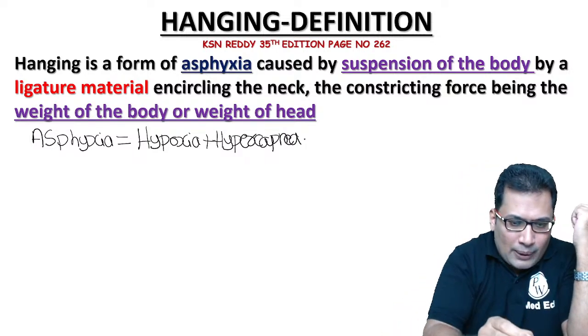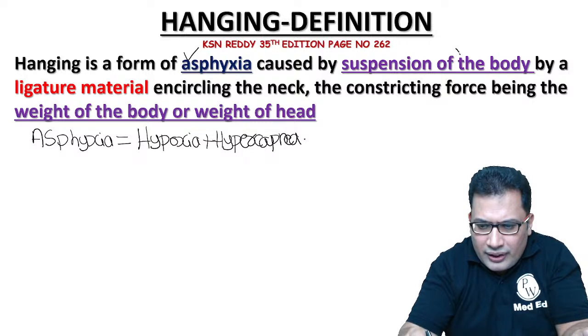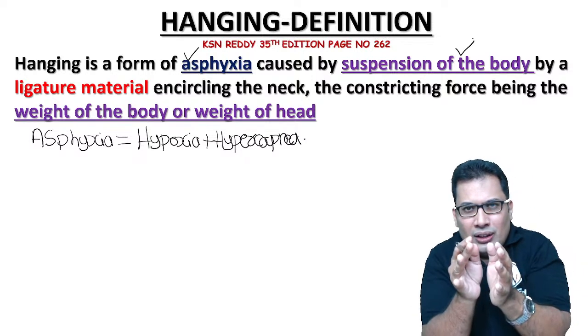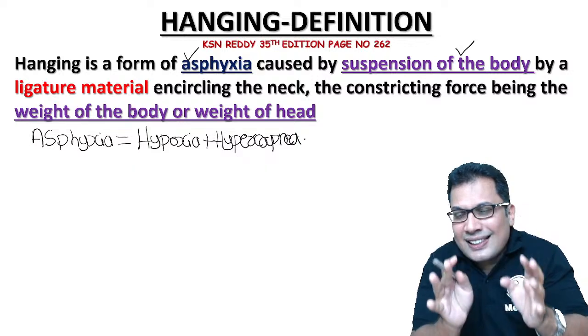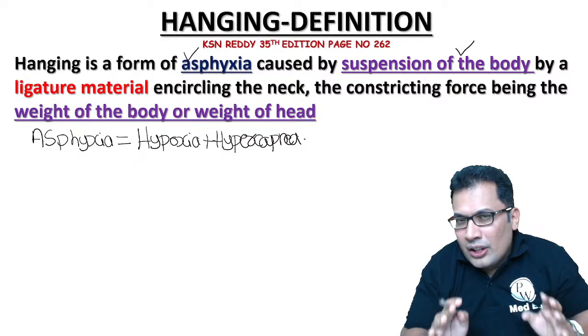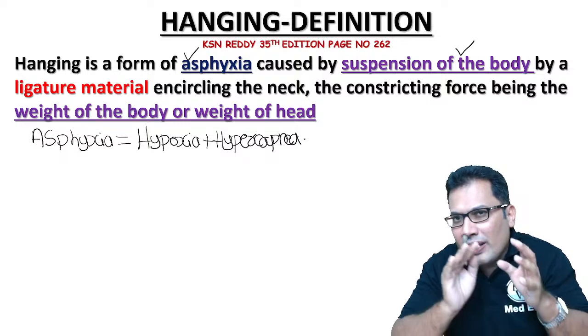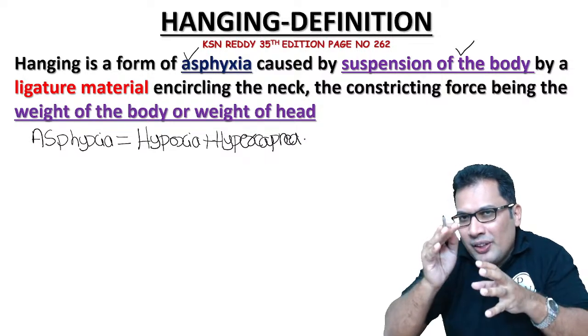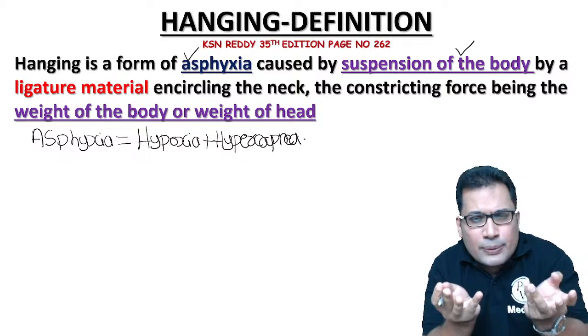So this is the point number 1 you need to mention: suspension of the body. This word is important, guys. Try to understand: in hanging, there is a suspension of the body. There is no suspension in strangulation. The suspension word we use in case of hanging; the literal meaning of hanging is suspension only.